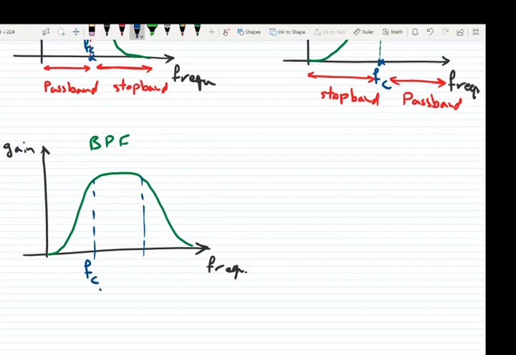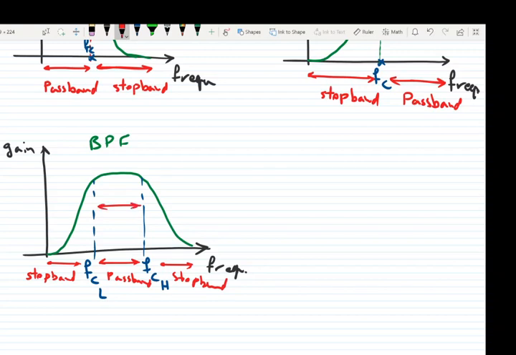Of course between these two cutoff frequencies we have passband, and the other two frequency ranges are stop band. So you see frequencies between these two cutoff frequencies are allowed to go through the circuit.